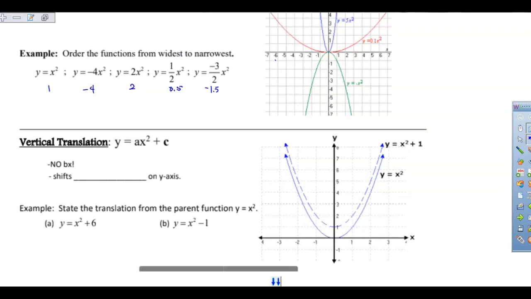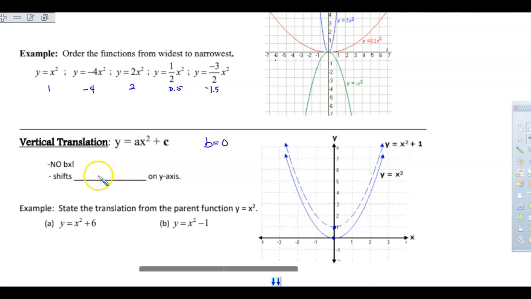Vertical translation: we have ax squared plus c. There's no b, which means that b is 0. Because there is no b, when you take a look at this one, this is your parent. The vertex is at 0. This one, the vertex is at 0, 1.